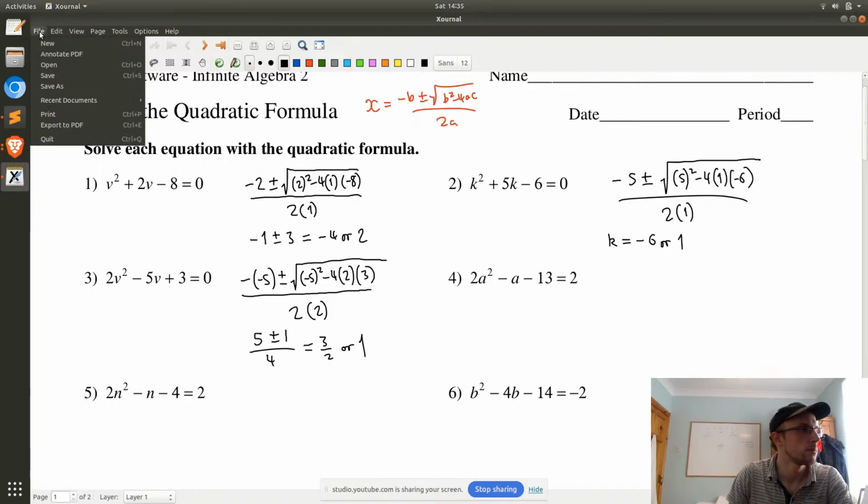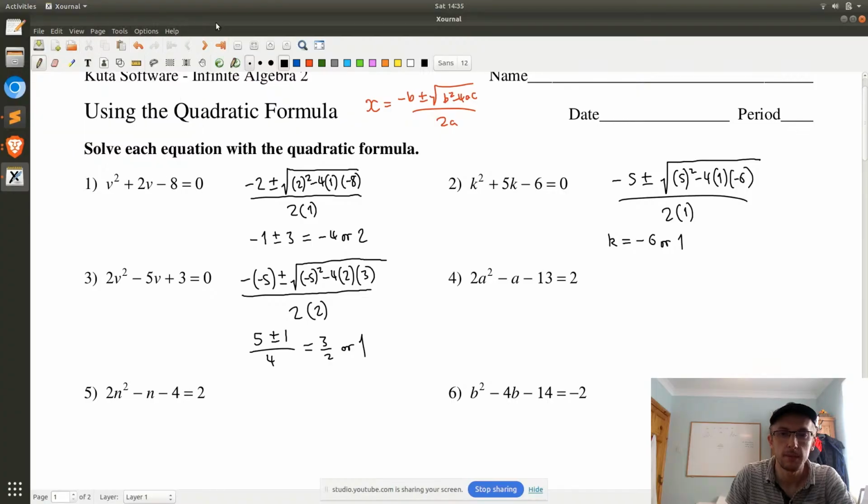And we're going to, let's see. One plus 8 13s, which is 104.